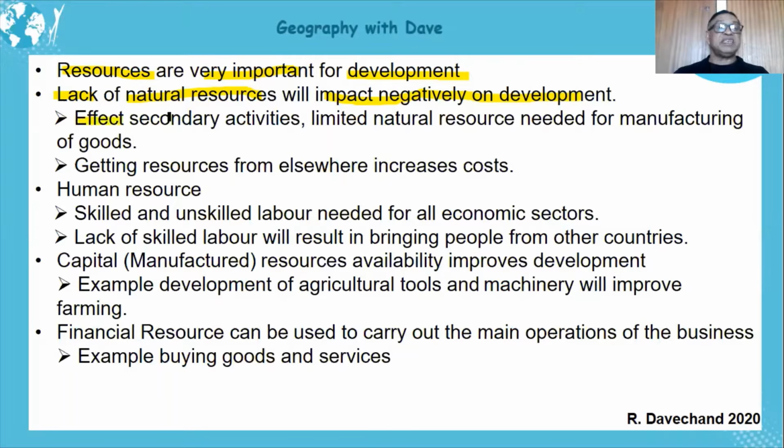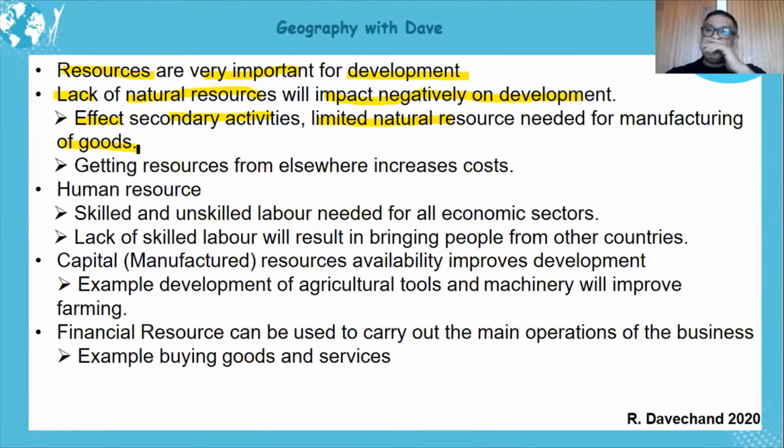It affects secondary activity. For example, if there's a lack of resources, limited natural resources needed for manufacturing of goods, all right? Imagine having less iron ore, and it's an iron and steel factory.